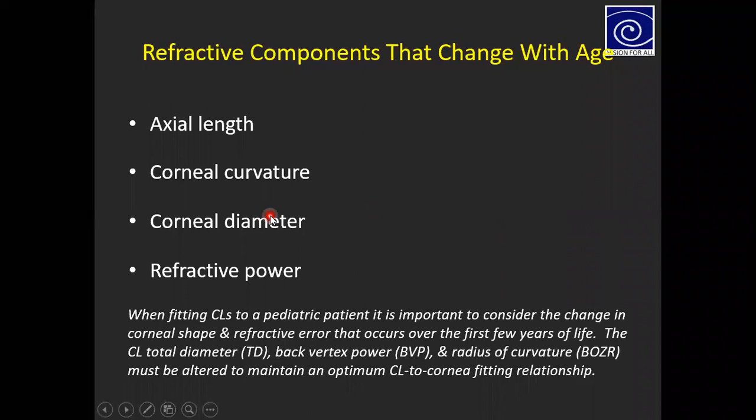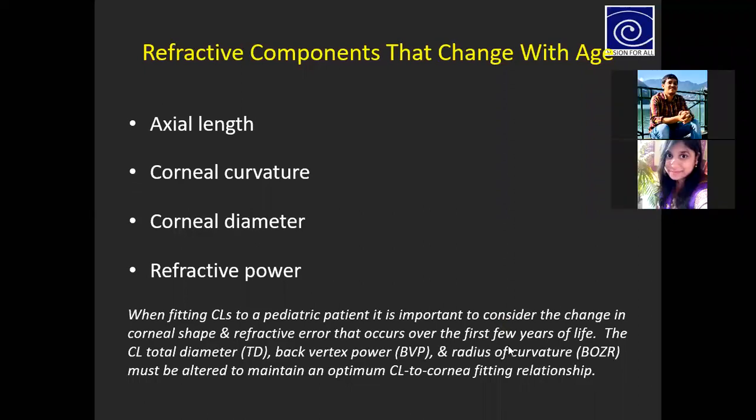Then corneal curvature is also very steep in children, especially in pediatrics. In newborn babies or children between 0 to 6 months of age, the average K reading is about 50 to 51 diopter. That is quite high. Normal K reading in adults is about 44 diopter.